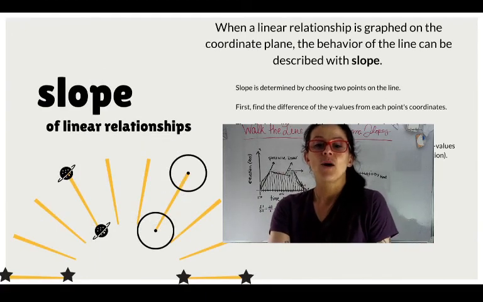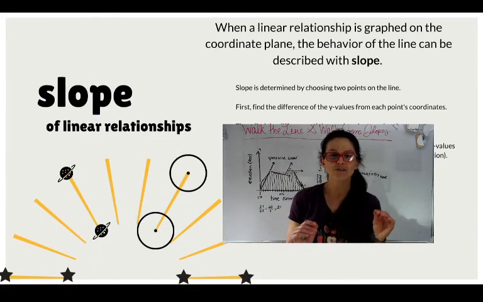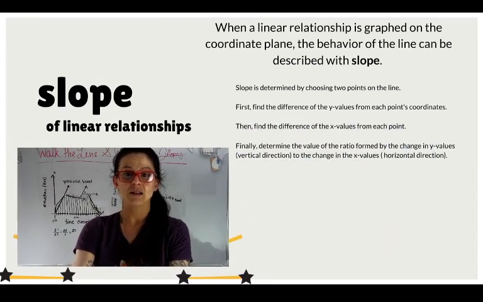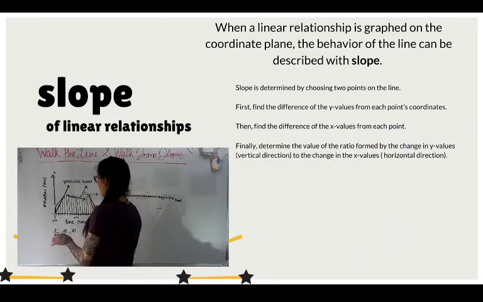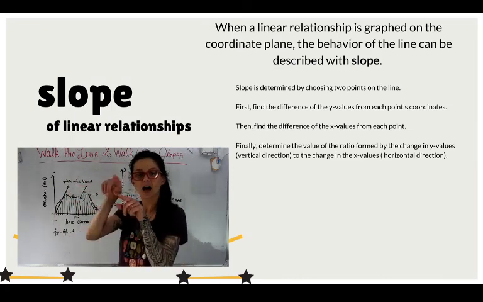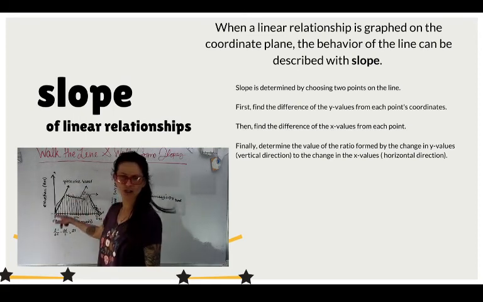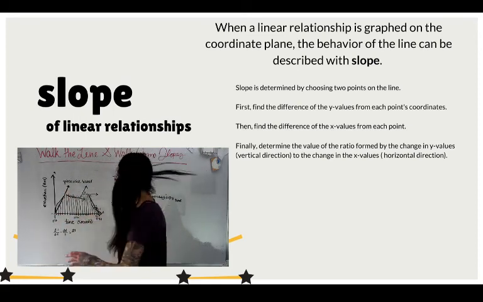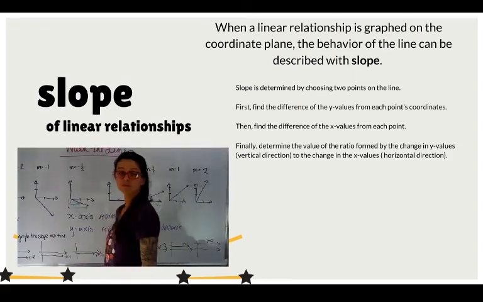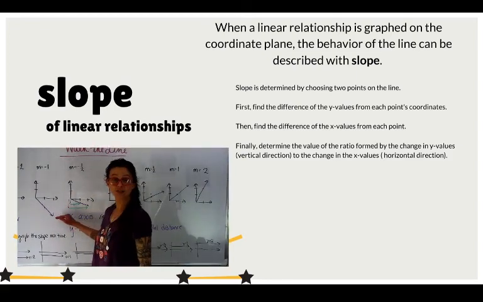Slope is when a linear relationship is graphed on the coordinate plane. The behavior of the line can be described with slope. In my demonstration of my elevation over time, there's a lot of ups and downs and wiggles, and I use an average rate of change here to analyze it. But to clear up slope a little bit, you can think about negative slopes as decreasing from left to right.